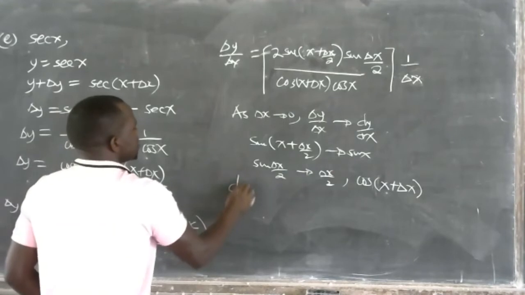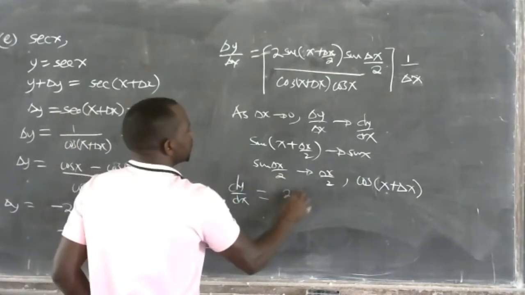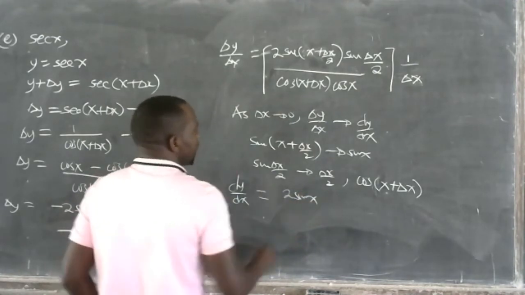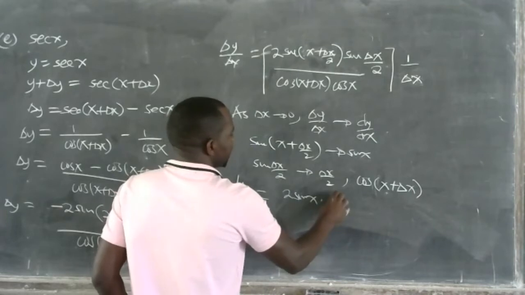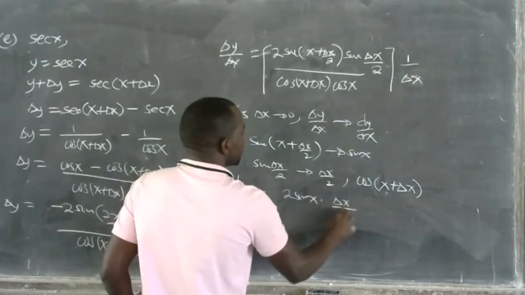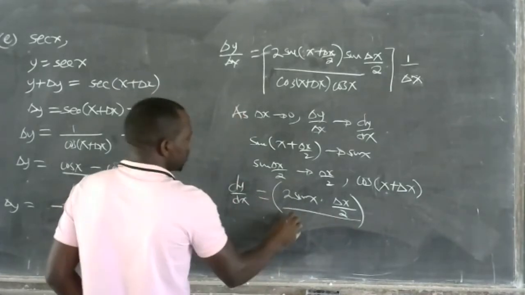Then this dy dx becomes 2. There is what?